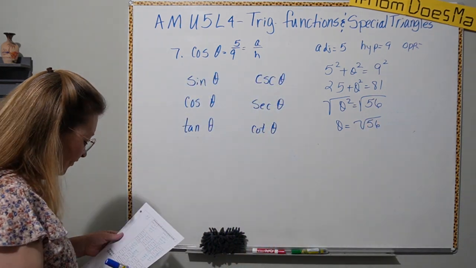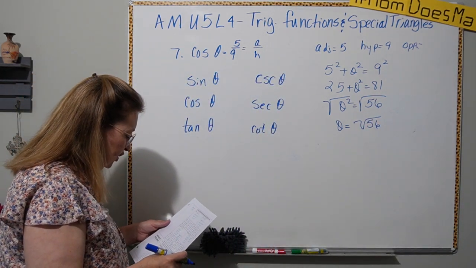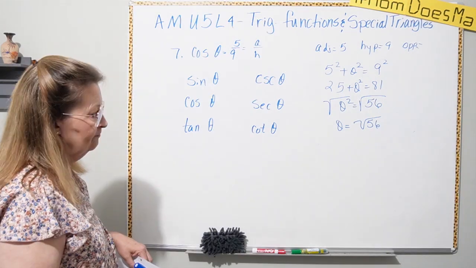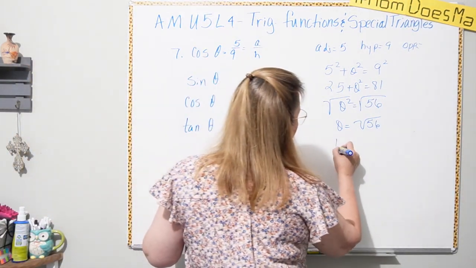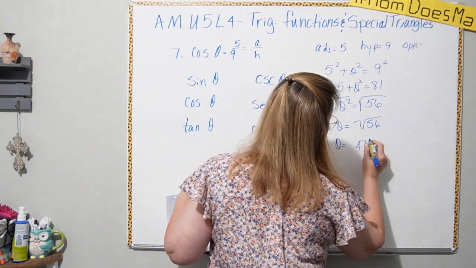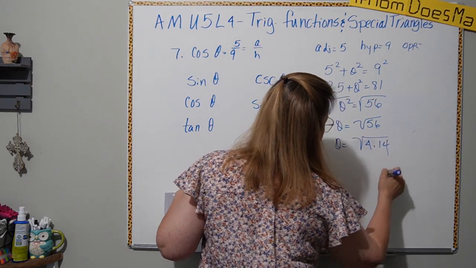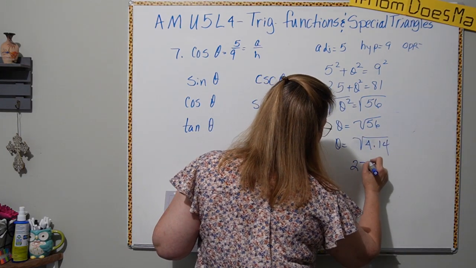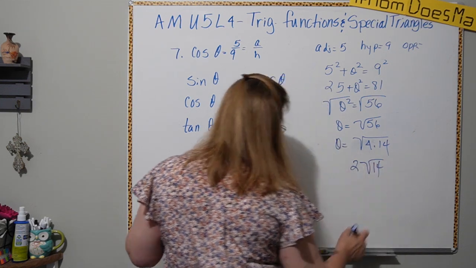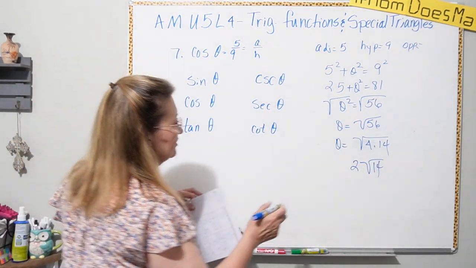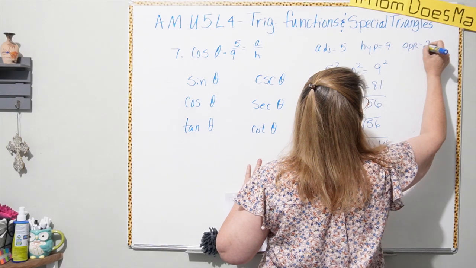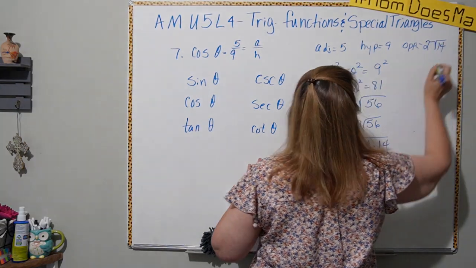So what is a perfect square that will go into 56? 4 will. So I can rewrite this as the square root of 4 times 14. So that's going to be 2 times the square root of 14. So this is our side opposite, 2 square root of 14.